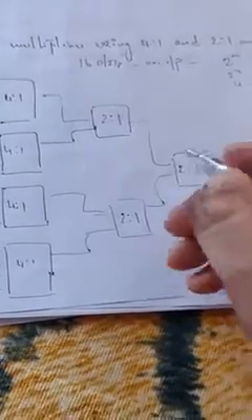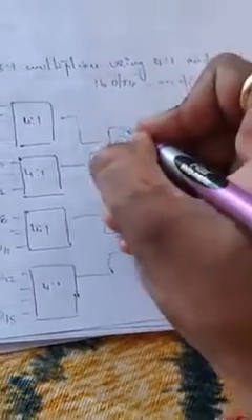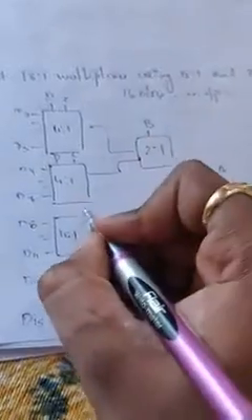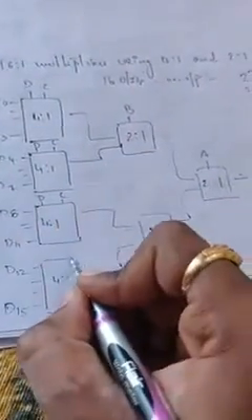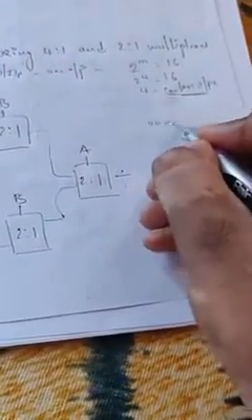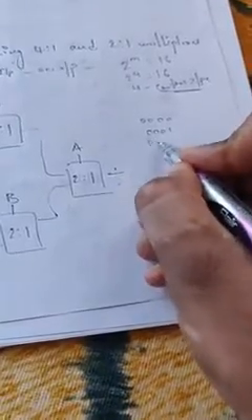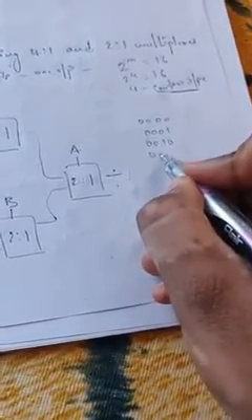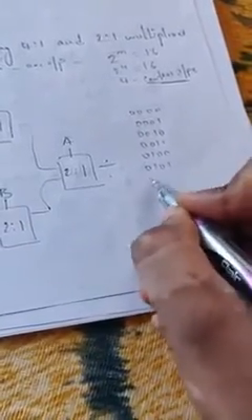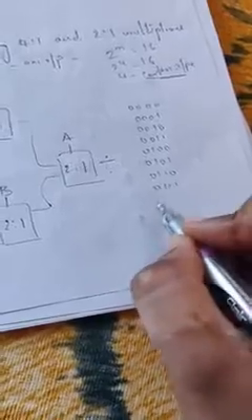We should have 4 control inputs, right? This is 2:1 A, this is B, and I'm going to write C, D. This is C, this is D, this is C, this is D, this is C, this is D, this is again B. So like this: 0 0 0 0, 0 0 0 1, 0 0 1 0, 0 0 1 1, 0 1 0 0, 0 1 0 1, 0 1 1 0, 0 1 1 1, 1 0 0 0, 1 0 0 1, and so on.